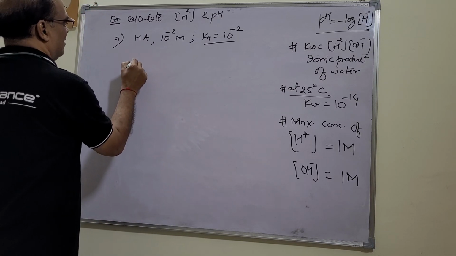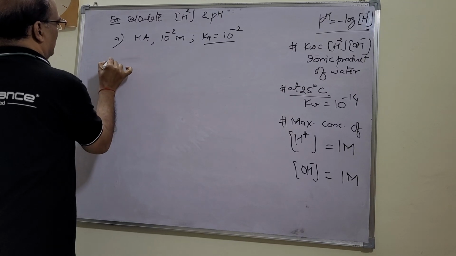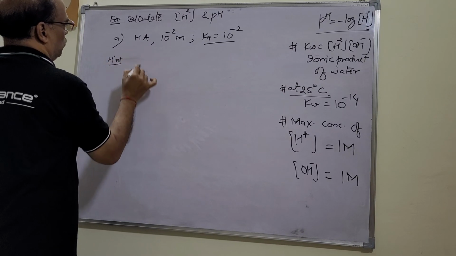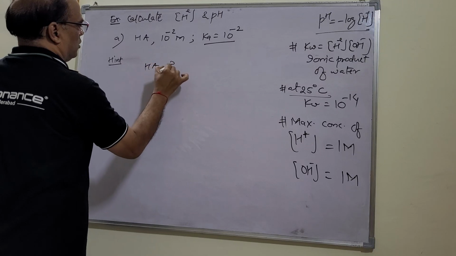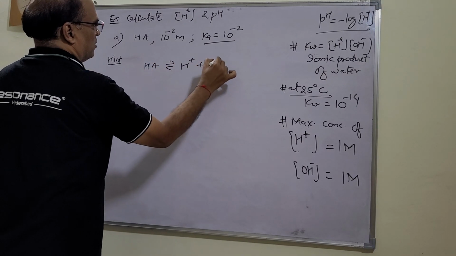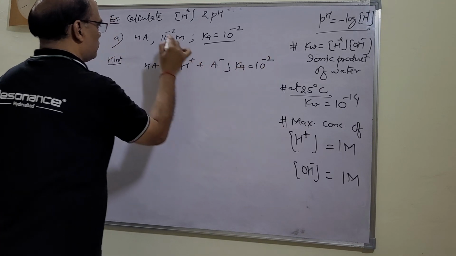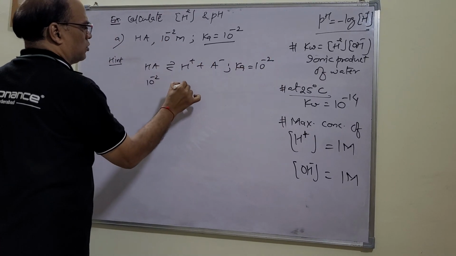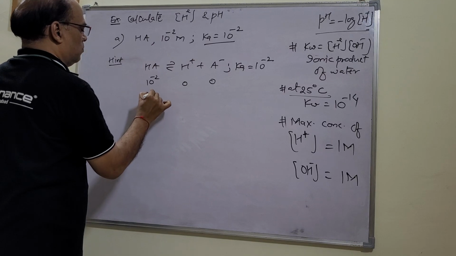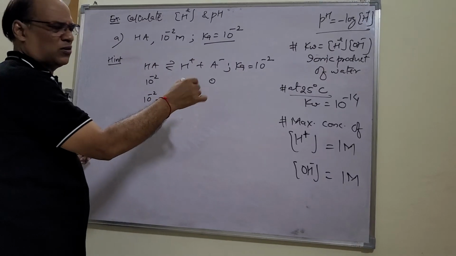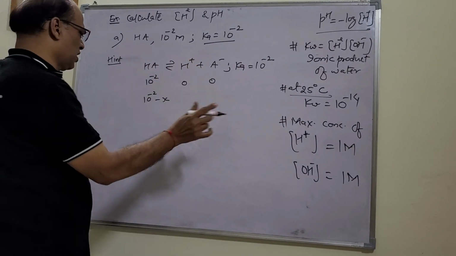So I'll give you a hint, and rest you will do. HA changes to H plus and A minus, K value is given 10 to the power minus 2, initial concentration 10 to the power minus 2, 0, 0, and at equilibrium 10 to the power minus 2 minus X, X, X. Don't go for that alpha method, not required.